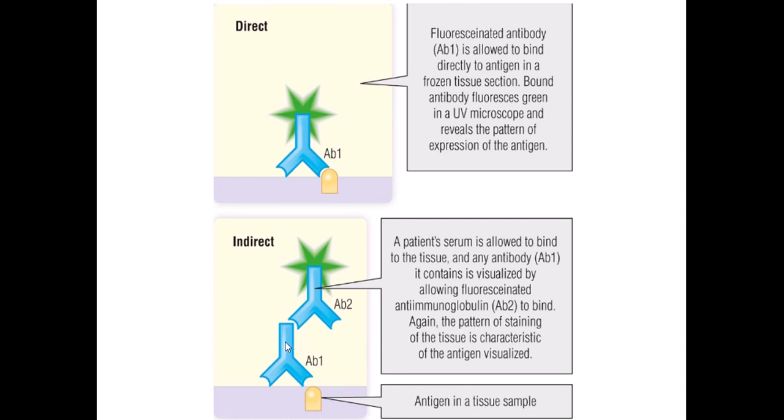And if you want to detect an antibody, you add a fluorescinated secondary antibody to the primary antibody. So secondary antibody or indirect immunofluorescence if we need to detect an antibody, while the direct immunofluorescence if we want to detect an antigen, as simple as that.